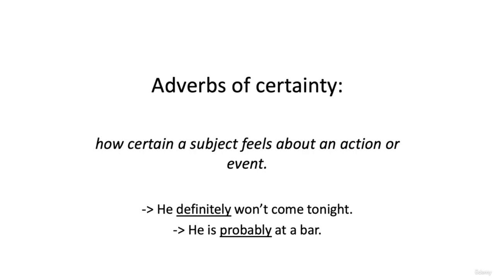For example, he definitely won't come tonight. Definitely is placed before the verb, will not. In the second sentence, he is probably at a bar. Is is a form of the verb to be. Therefore, the adverb probably is placed after.